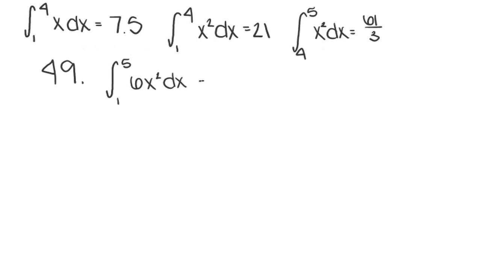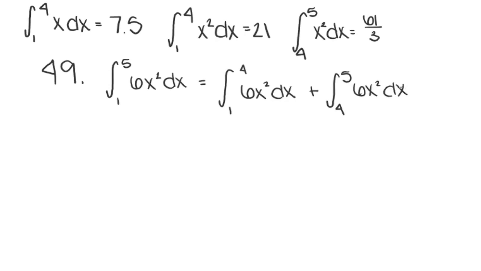So let's use an integration property that tells us that we can break our integration interval up into little sub-intervals. So we can break this up into the integral from 1 to 4 of 6x squared dx plus the integral from 4 to 5 of 6x squared dx.